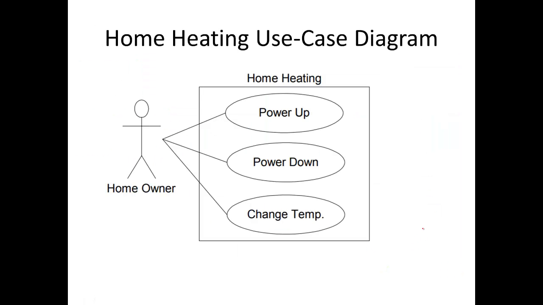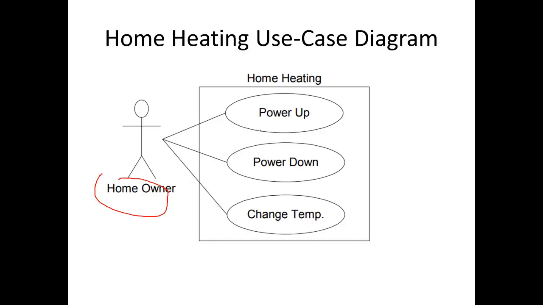So let's see how to write the home heating use case diagram. First the homeowner, then the home heating system is here. We have a rectangle, that's the system boundary. Then inside we provide some use cases.